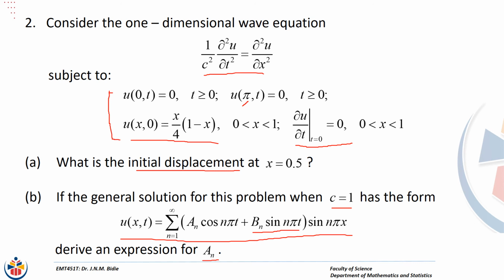So between the two initial conditions given, we need to check which one will work better by direct substitution of the value for t so that we eliminate bn. That means we can only use the first initial condition, because that's the only one that will help us to get an by directly substituting t equal to 0 and eliminating bn. Let's look now at the solution that has been given.